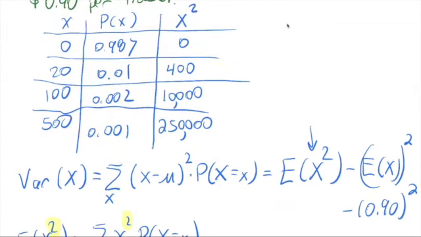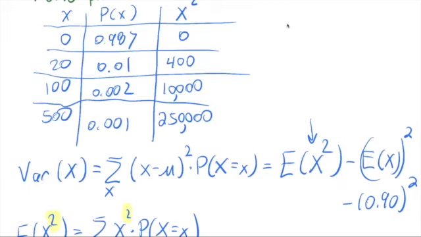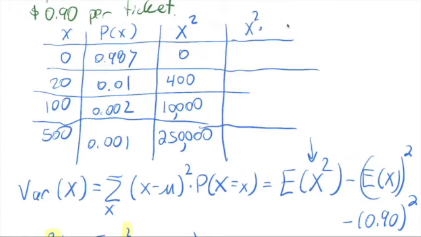If you're organizing your thoughts in a table, rather than x times p of x plus this one times that, we take x squared times p of x, and then x squared times that one. You can do all these calculations separately in a table if that's how you like to group them.